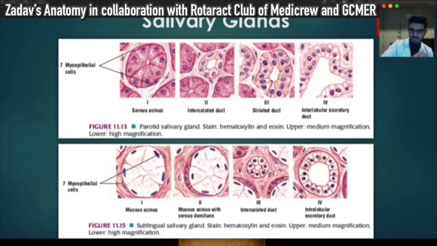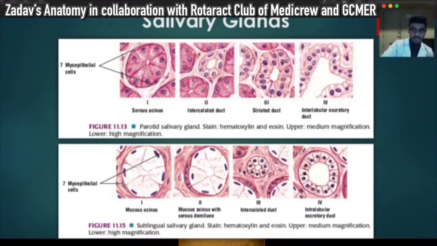In certain mucinous acini, there is a slight element of serous secretions. They just help in adding a certain liquidy feel to the otherwise viscous mucus secretions. That is the function of a serous demilune. You see that? Everything else pretty much remains the same.